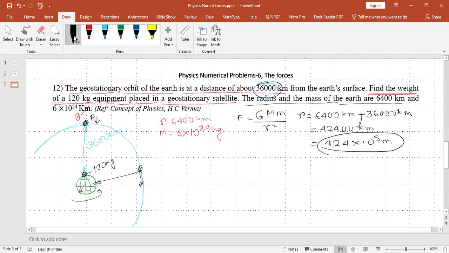So this is the distance. Now just use this equation. You don't have to do anything more.